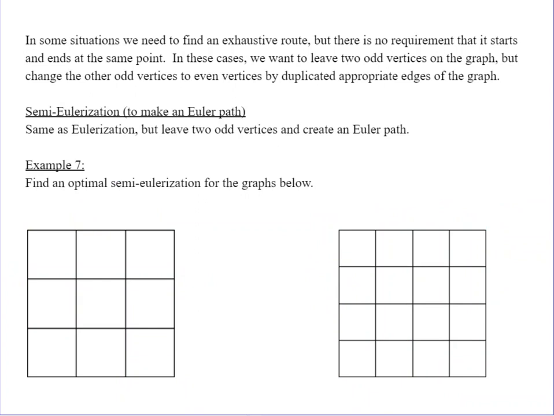So, let's start looking at the first one. These are the same graphs that we did in the last example, so we already know what all of these degrees are.